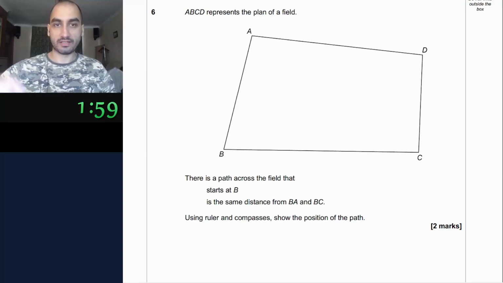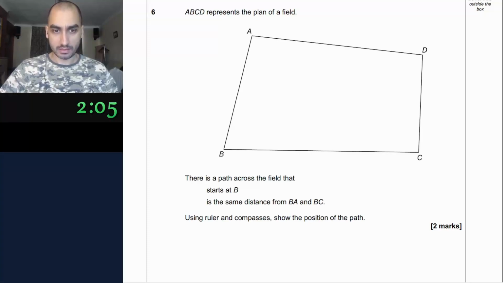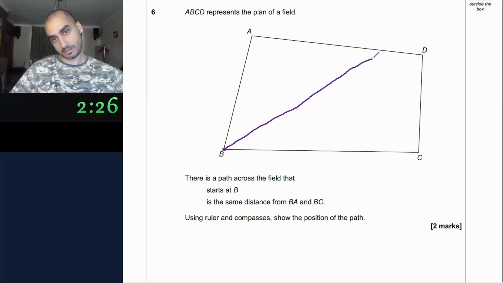ABCD represents the plan of a field. There's a path across the field that starts at B and is the same distance from BA and BC. Using ruler and compasses, show the position of the path. Well, I don't have ruler and compasses, so I'm just going to do it like that, I guess.